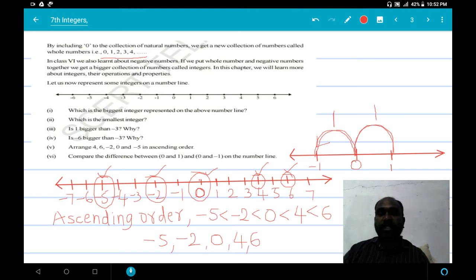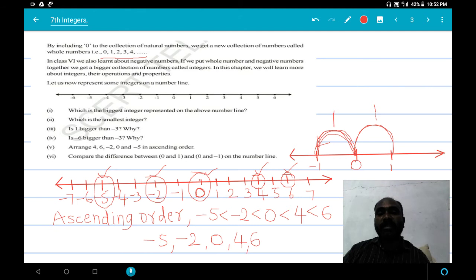So here 0 and 1 one step, and 0 and minus 1 also one step. So here 1 unit difference, or one step is different.